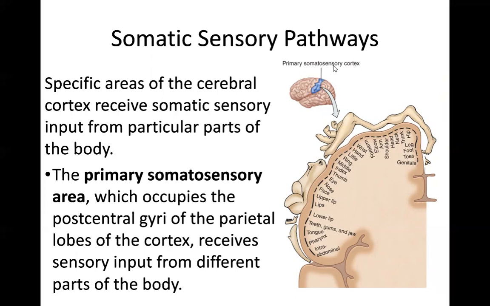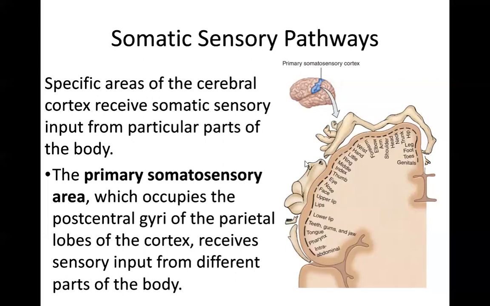To demonstrate that, for example, our face and our hands dominate a very big portion of our cerebral cortex. The bigger the area, really the more sensitive it is. Primary somatosensory area occupies the postcentral gyri of the parietal lobes of our cortex. And, for example, when we stimulate our genitalia, that's where that goes in our primary somatosensory area. The tongue's down here, the thumb's up here.